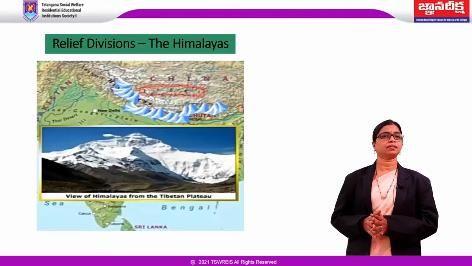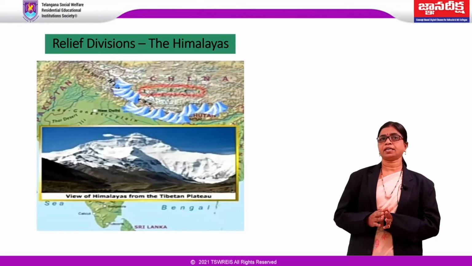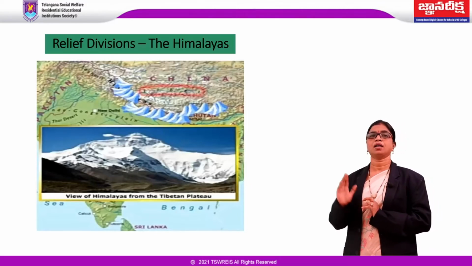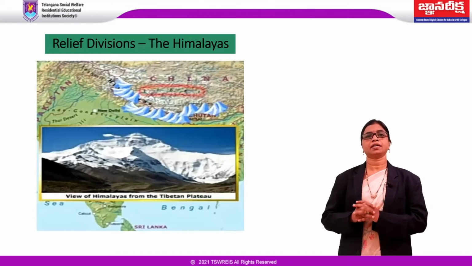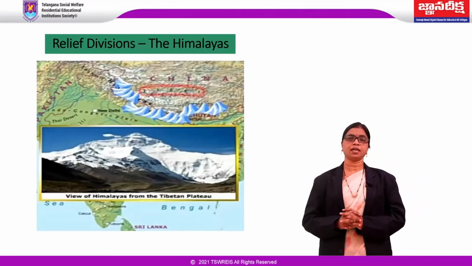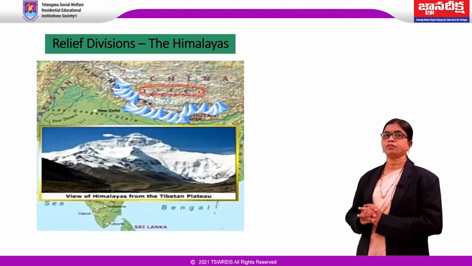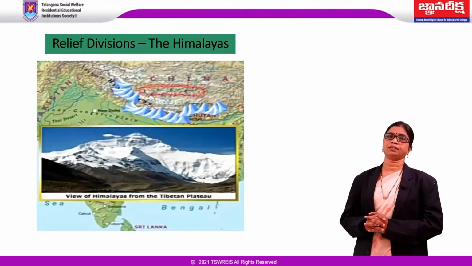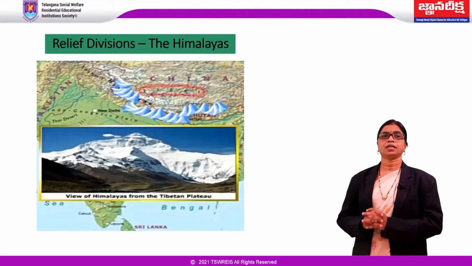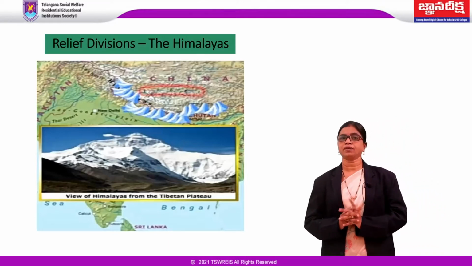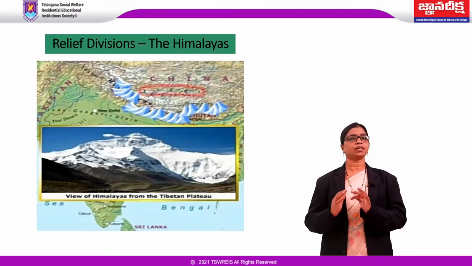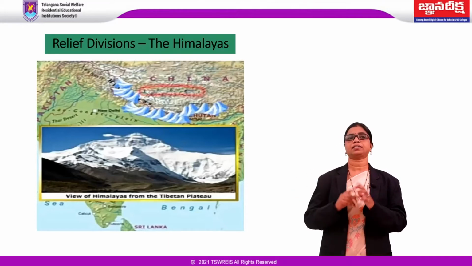The Himalayas are spread across India, China, Nepal, Bhutan and Pakistan. The Himalayan ranges run in the west-east direction in the form of an arch with 2,400 kilometers of distance. The Himalayan ranges vary from 500 kilometers in the western regions to 200 kilometers in the central and eastern regions.